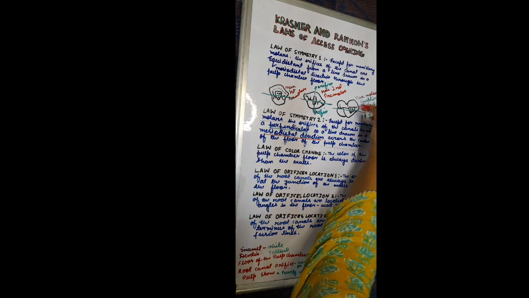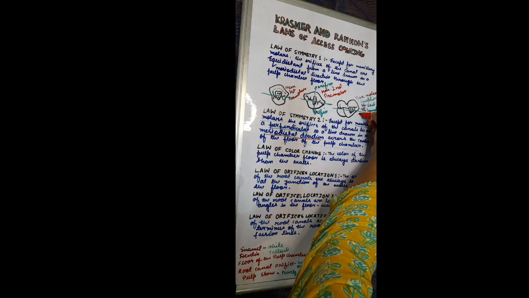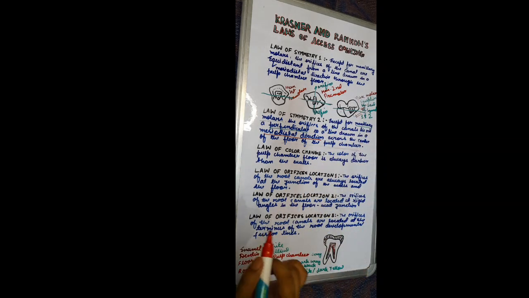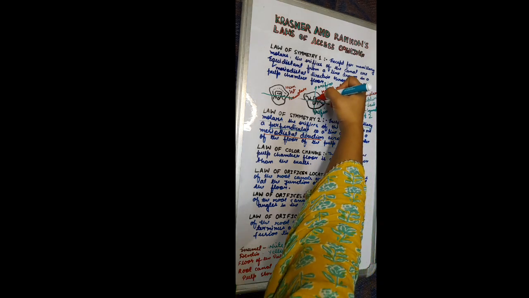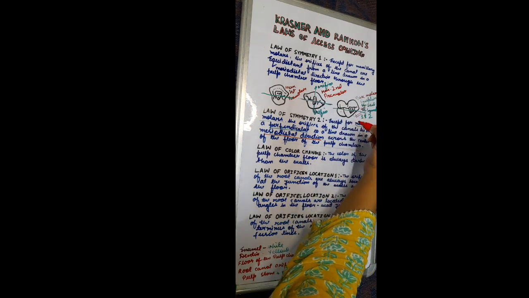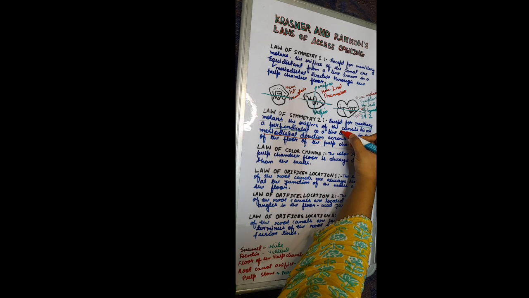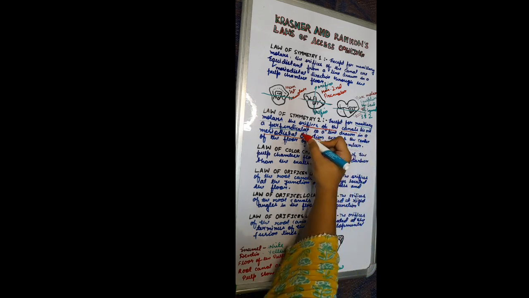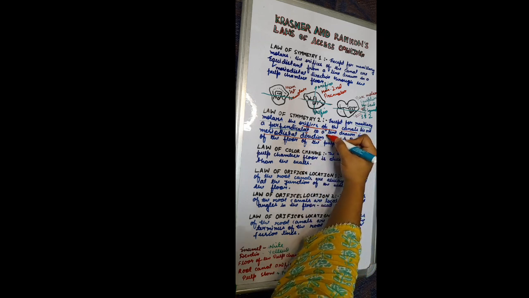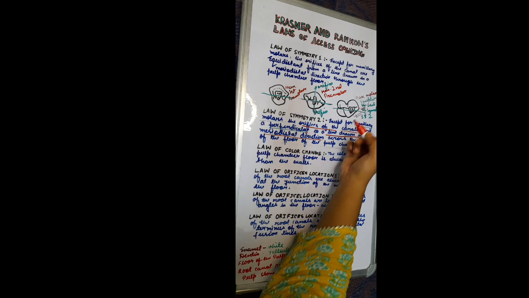So, the maxillary molar is an exception over here, and when we talk about any other tooth except maxillary molars, the orifices of the canals lie on a perpendicular to a line drawn in a mesiodistal direction.